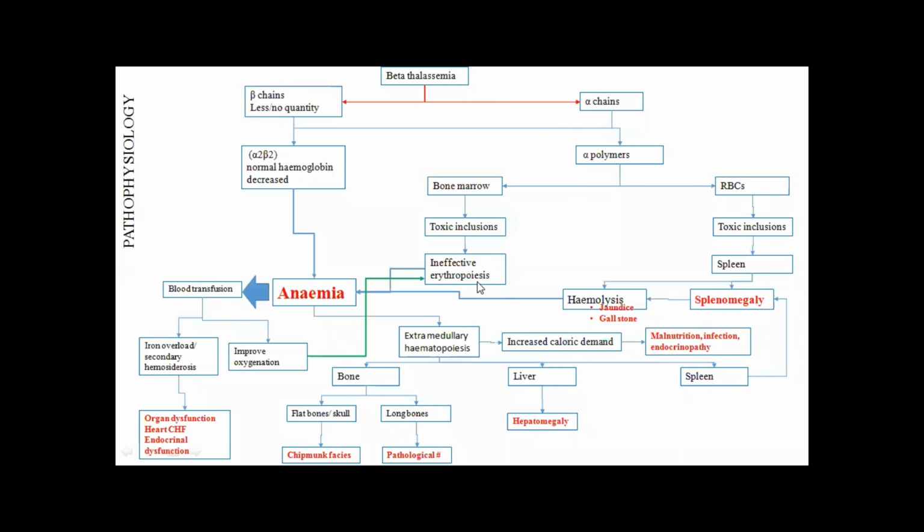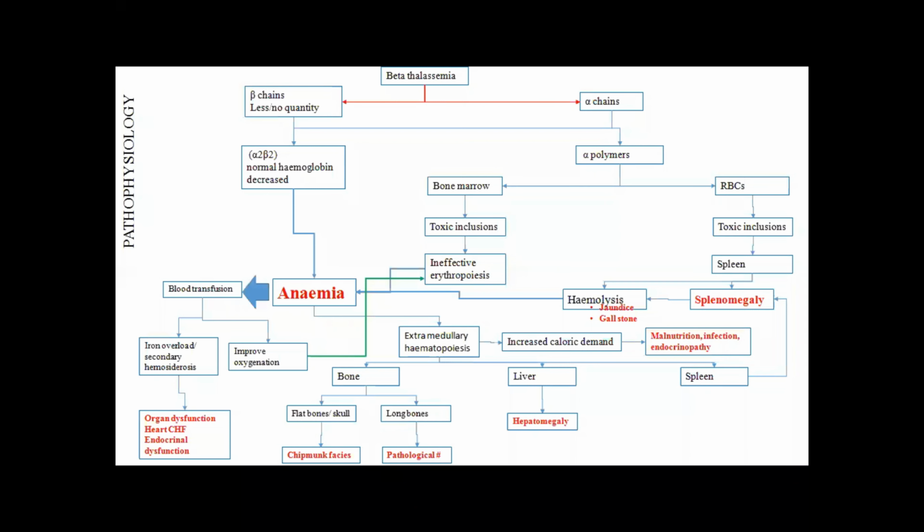In the RBCs, this leads to a decrease in the lifespan of the RBC. These RBCs with inclusion bodies go inside the spleen, which is known as the graveyard of RBCs. So these RBCs are going to be destroyed inside the spleen.